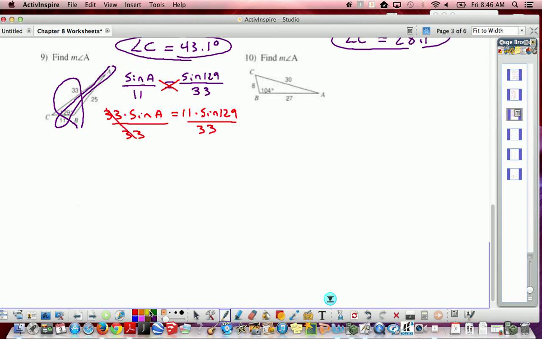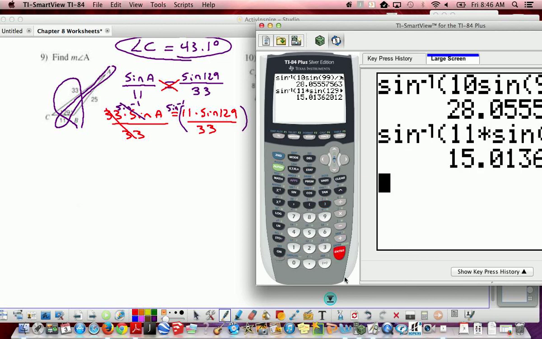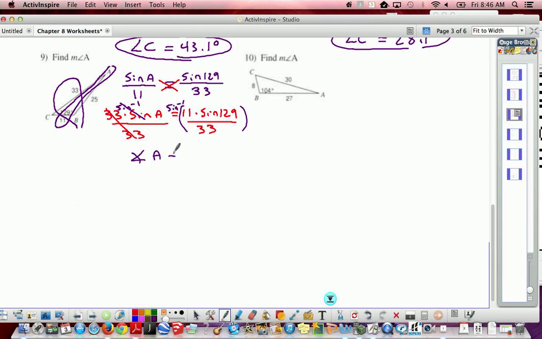Then I want to take the sine inverse of this whole thing. So let's plug this in. Second sine, can't forget to do that like I did on the last one, of 11 times sine of 129, all divided by 33, equals about 15.01, which would just be 15. So our angle A here is equal to 15 degrees.